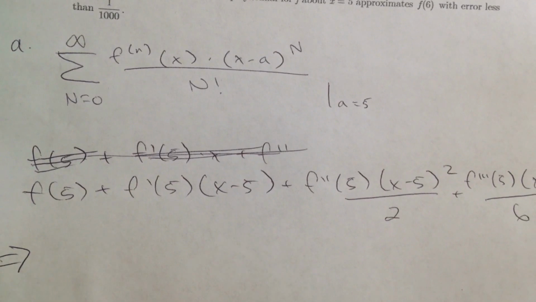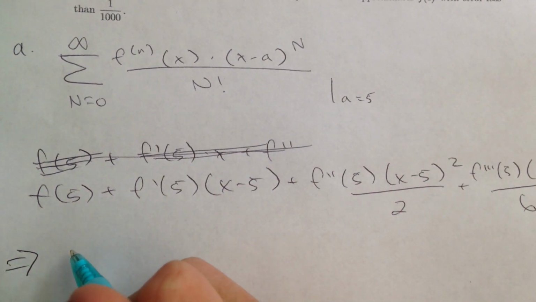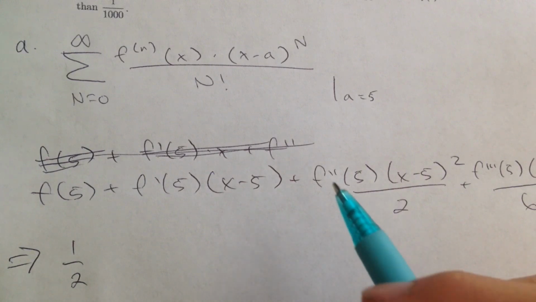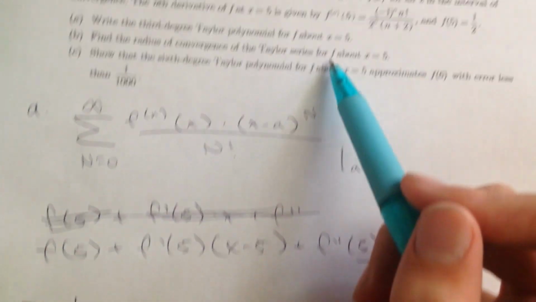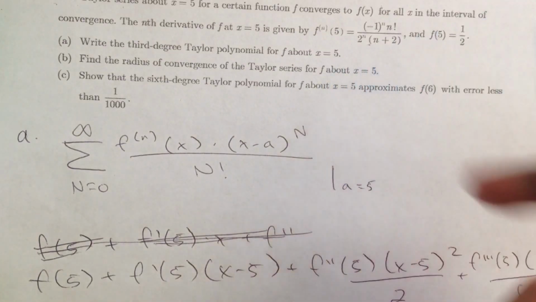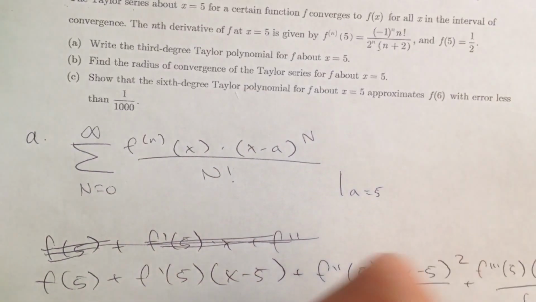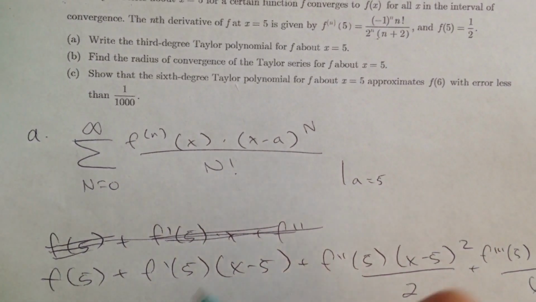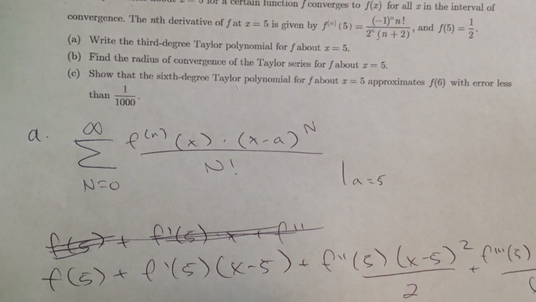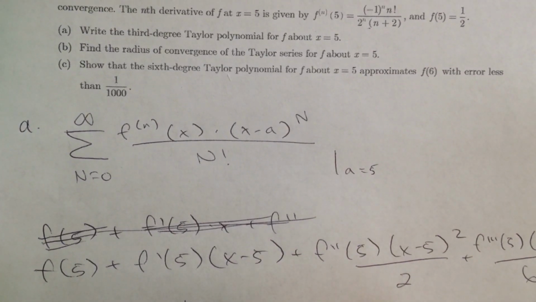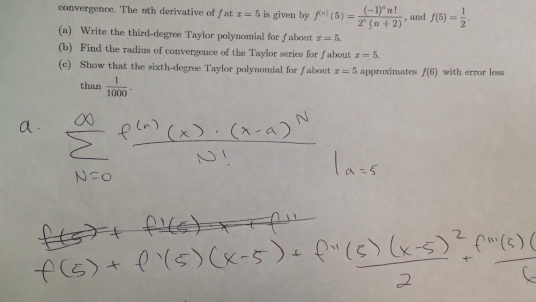So, what's our f of 5? Well, that's going to be 1/2. What's f prime of 5? Well, we have from right here that the first derivative at 5 is going to be negative 1 to the 1 times 1 factorial over 2 to the 1 times 1 plus 2.